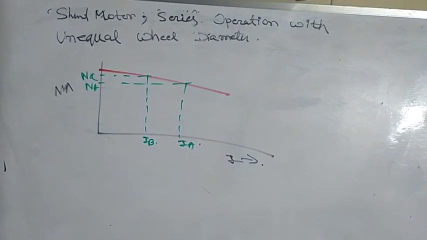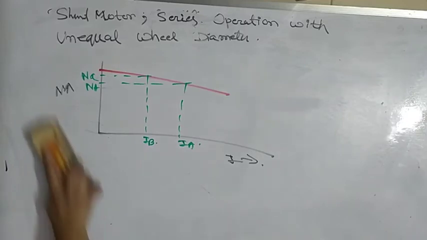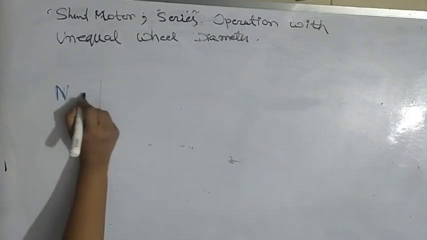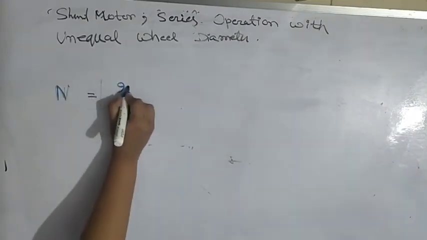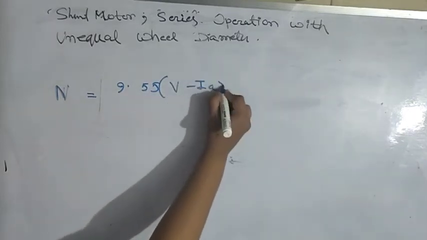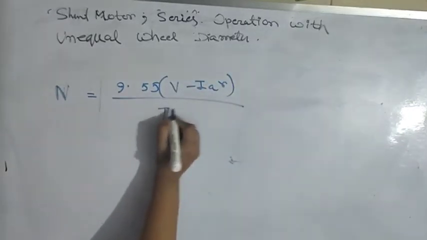Now when shunt motors are operated in series, each machine is normally excited and the voltage across each motor is given by N equals 9.55 V minus IA into R by T by IA.